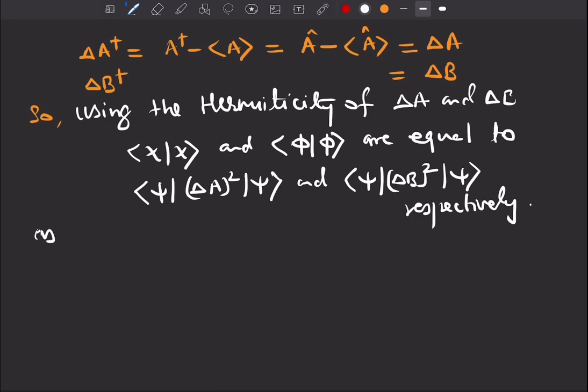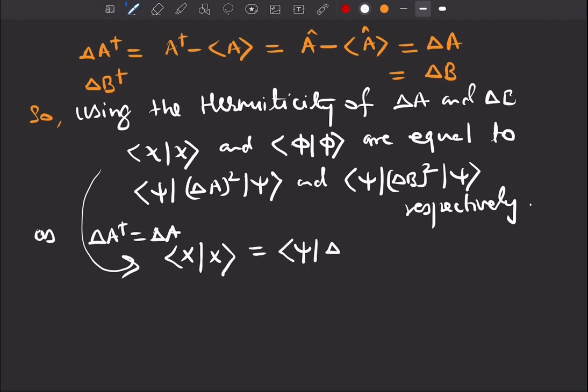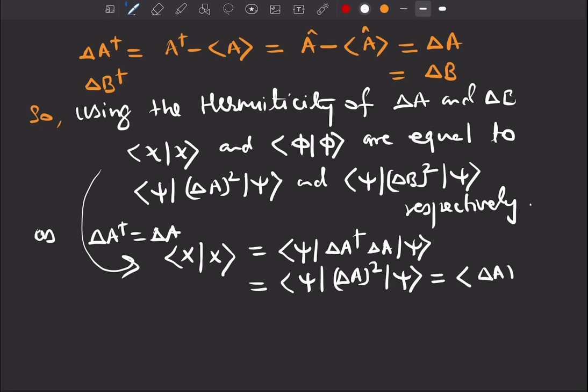As delta A dagger is equal to delta A, so the bra chi with ket chi is equal to, substituting these values, delta A dagger into delta A. Therefore bra psi delta A whole square ket psi is equal to expectation of delta A whole square.